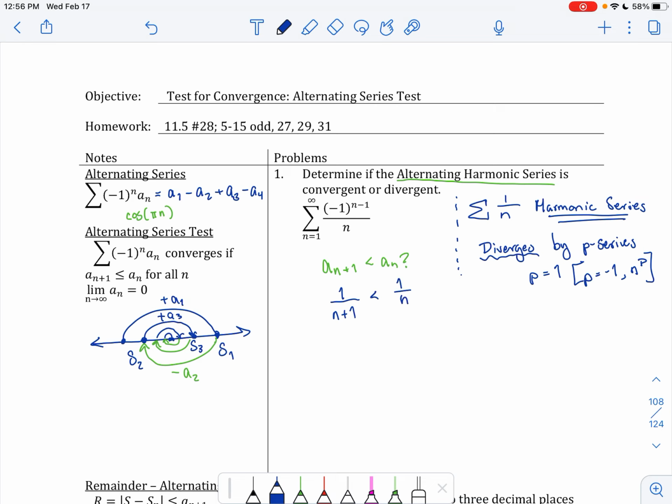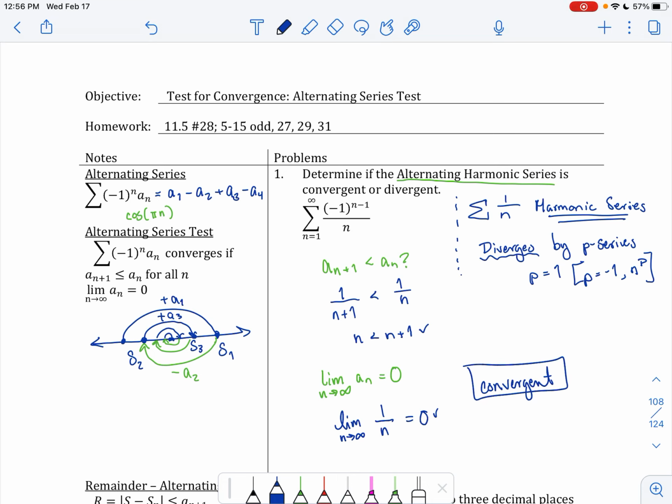You can cross multiply these. If you're like, oh, I'm still not sure, feel free to cross multiply, and you end up with n is less than n plus 1, which hopefully should feel convincing. You also want to make sure the limit of the terms equals 0 as n approaches infinity. So in this case, the limit as n approaches infinity of 1 over n absolutely does equal 0. So this is convergent.